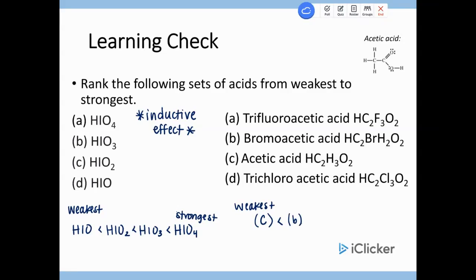So B will be second weakest. And then now we're comparing having 3 chlorines or 3 fluorines. Fluorine is more electronegative than chlorine, so that will have a stronger inductive effect. And so A is the strongest.